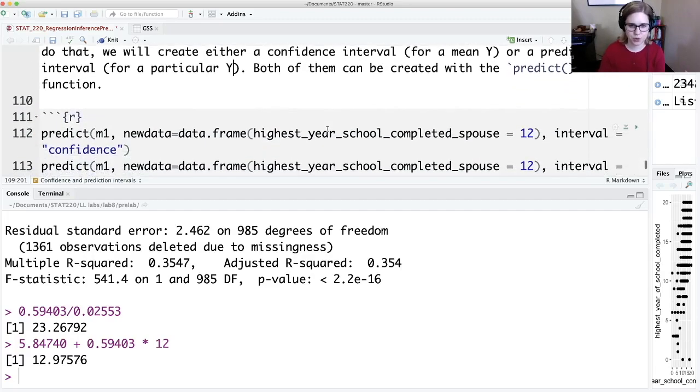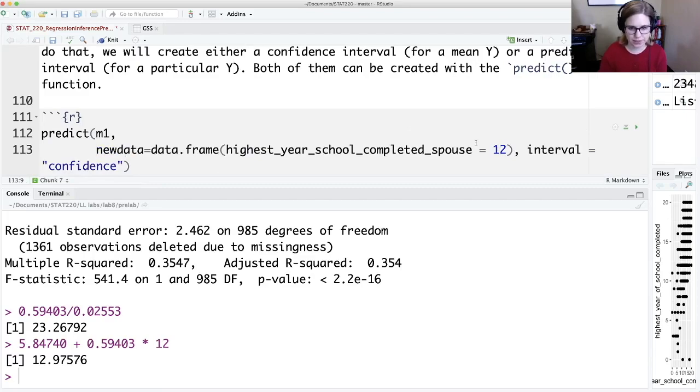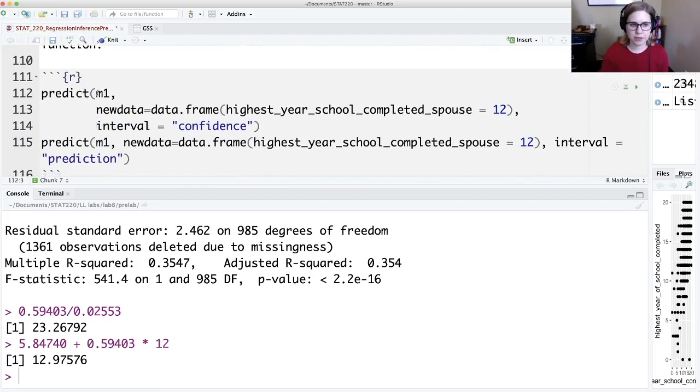So I'm just going to show you what that code looks like. And maybe I'll put in some line breaks so it's a little bit easier to read. So I'm going to do predict and then parentheses. The first thing that I need to give it is a linear regression model. I named mine M1. And then a comma. And then I need to give it some new data. What I'm going to give it is a data.frame.